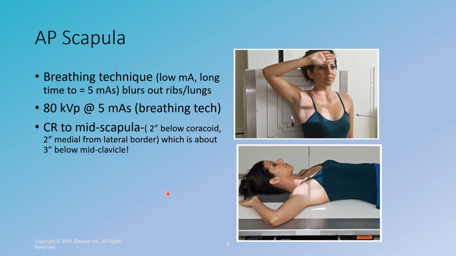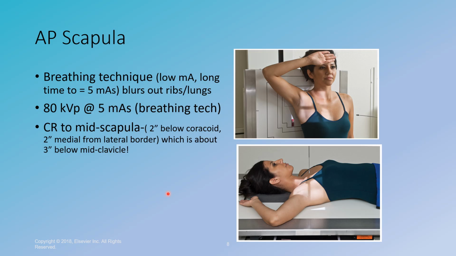Going back to an AP scapula on 206, you can do this either with the patient standing erect, as in the top picture, or they can be recumbent and supine, like in the lower picture. You're at a 40-inch SID, and your IR is collimated to a 10 by 12 portrait.